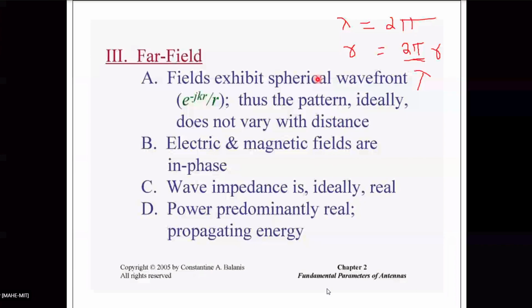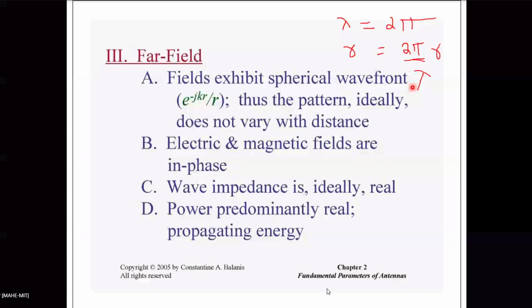Okay, for a fixed time, if you fix r, all points on the surface of the sphere will have the same phase. So that's why it is called spherical wavefront. You have studied plane wave. All points on the surface of this plane will have same phase.